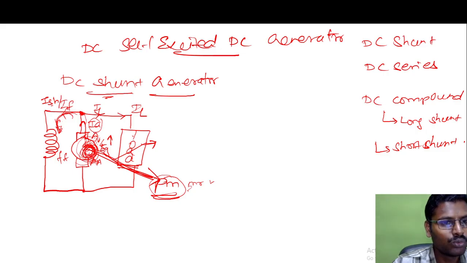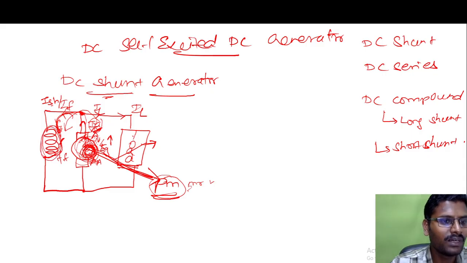So now the flux produced in the armature conductor will produce the armature current IA, and this armature current is now flowing through the field winding or field coil, which will excite this shunt field coil, right?